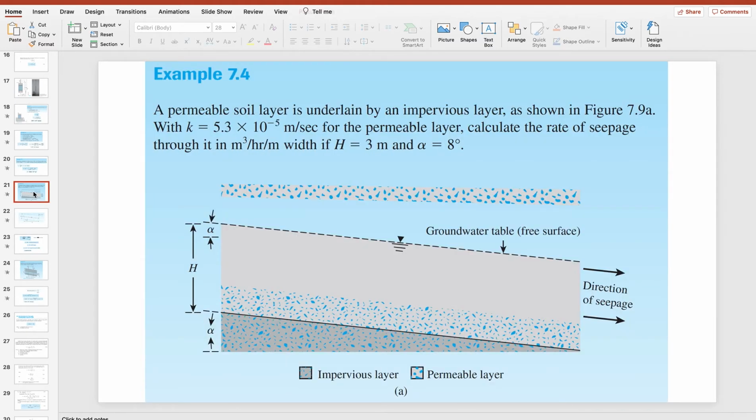So we are given the value, H is equivalent to 3, alpha is 8 degrees. Calculate the rate of seepage through it in meter cube per hour per meter. Per meter, we are going to consider a 1 meter strip.